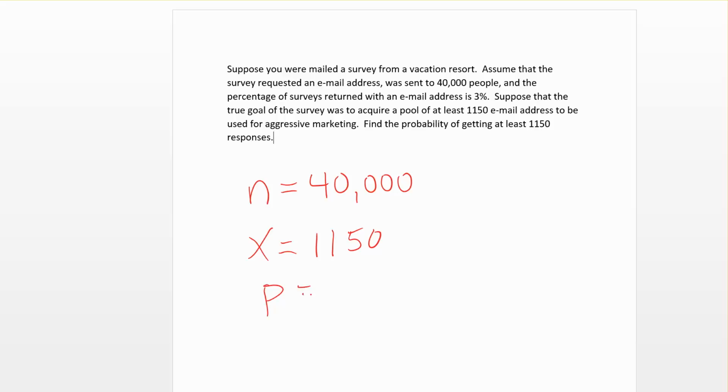Our probability of success is 3%, and that means our probability of failure is 1 minus that, or 97%. We're going to come back to this problem in a little bit, but I want to look at why we can use a normal distribution to evaluate this.